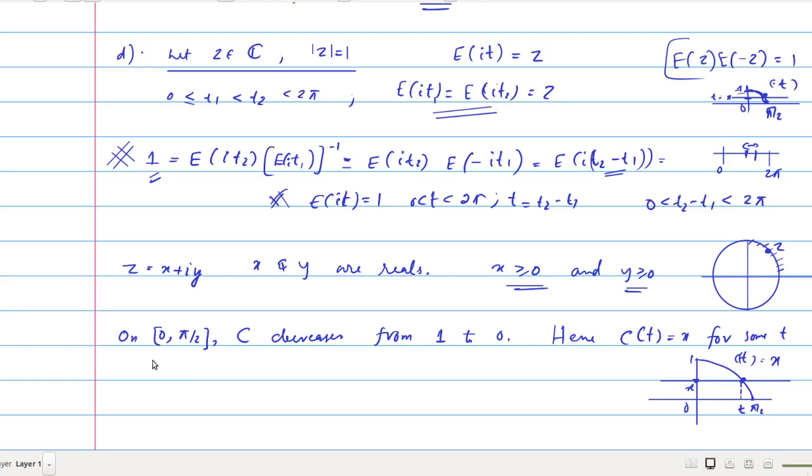So we choose that t, and we know that c squared plus s squared is equal to 1, and s is always greater than or equal to 0 in this interval. The graph of s is like this in this interval.